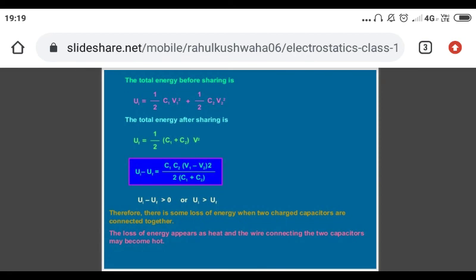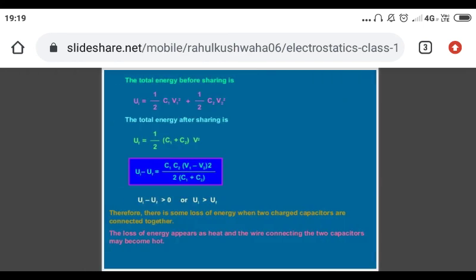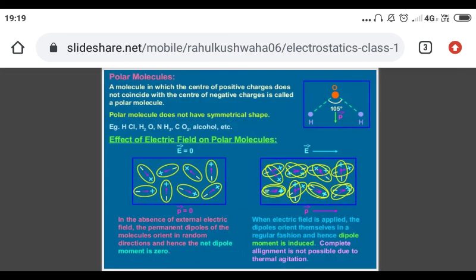We have already talked about dielectrics, polar and non-polar types. A few more things are given over here. Polar, and you can see I tried my best. At E equal to 0, the molecules are randomly arranged.